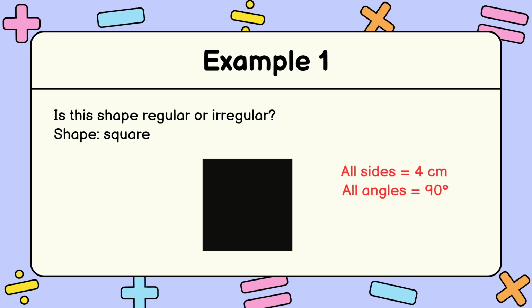Let's take a closer look at this example. A square. First, let's determine if this shape is regular or irregular. A shape is considered regular if all its sides and angles are equal.